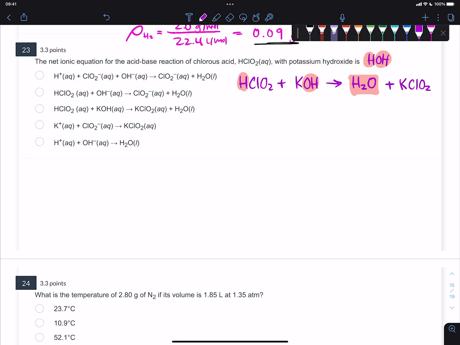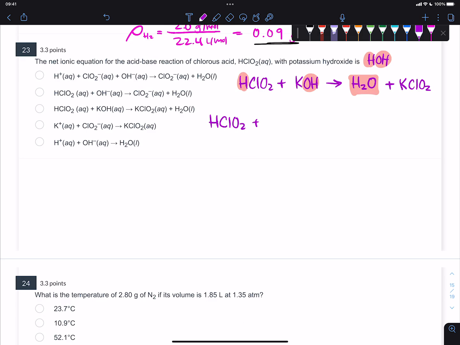To get your net ionic equation, you need to break it apart to see what the spectator ions are and what's going to cancel or not. You have to recognize that HClO2 is a weak electrolyte, so this is not going to dissociate very much, so you're going to keep it together.